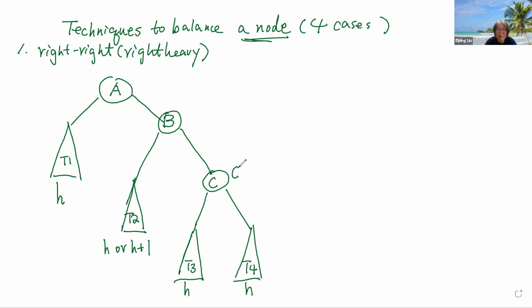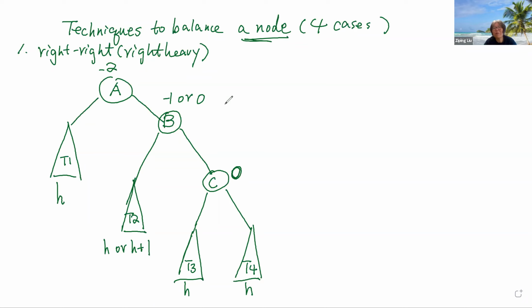Here it's just the height, and over here we also write its balance factor. So this is 0, this may be -1 or 0, etc. And then node A definitely is going to be -2.